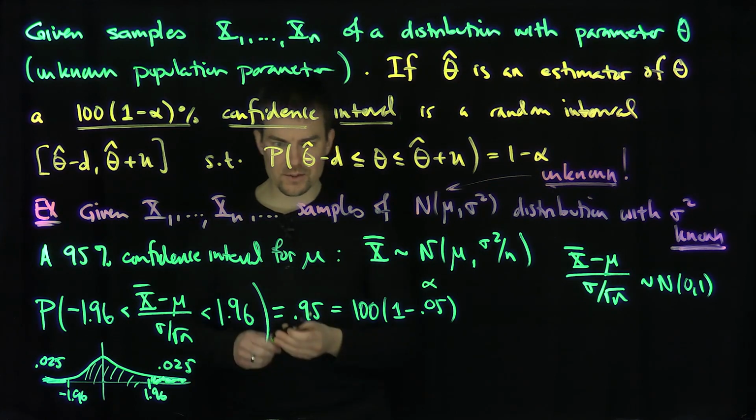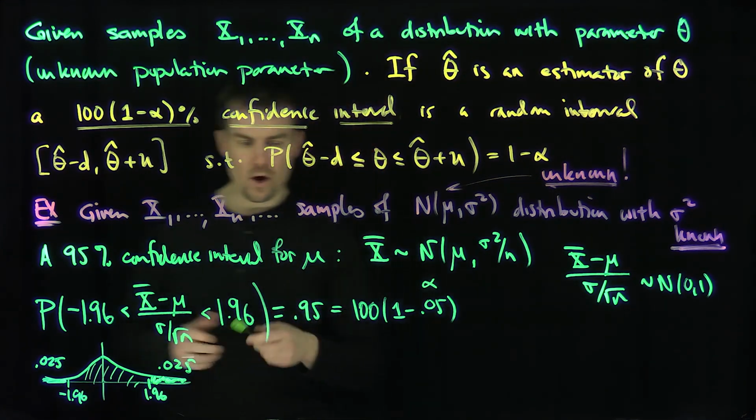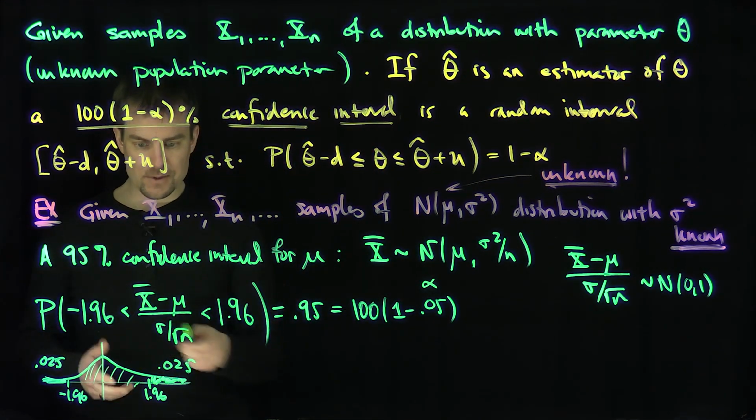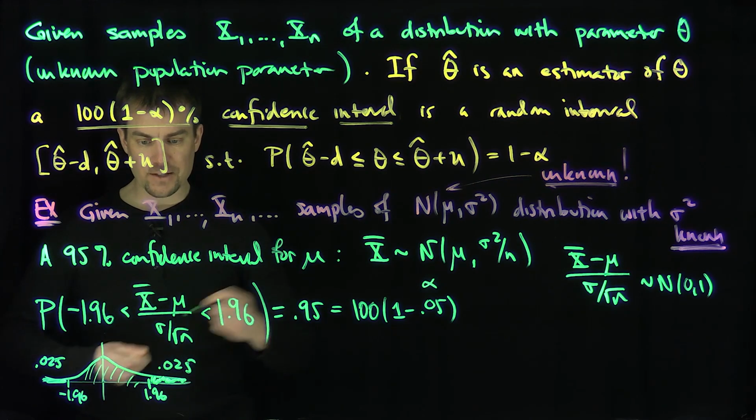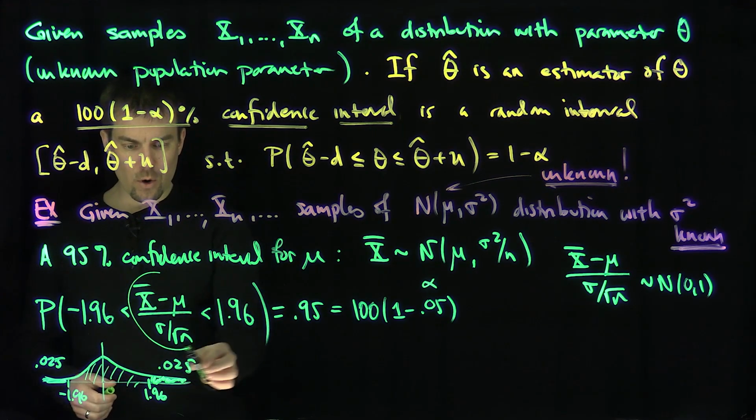So alpha is typically given to us. And so now I can say this random interval is a 95% confidence interval. If I rearrange this inequality, what are we going to get?